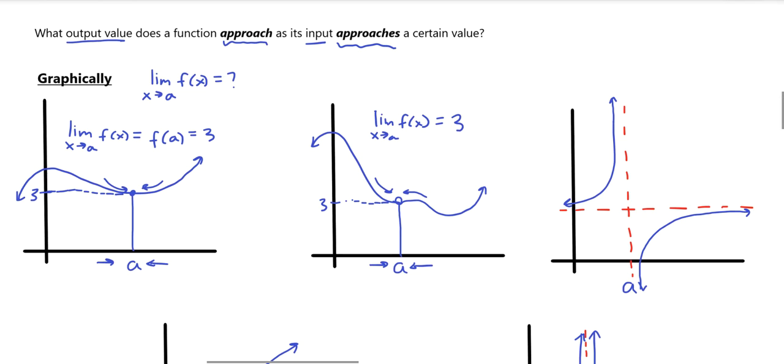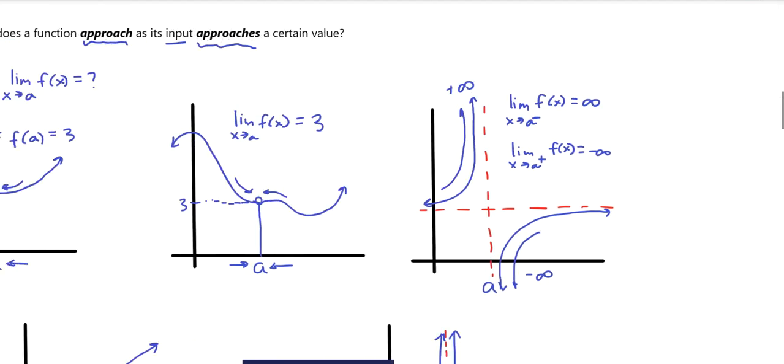Okay, so let's go to case number 3. In this case, the limit as x approaches a is different on both sides. If you approach a from the left side, your function is going to go up towards positive infinity. But as you approach a from the right side, your function is dipping down towards negative infinity. So in formal mathematical terms, the limit as x approaches a from the left of f of x equals infinity, and the limit as x approaches a from the right of f of x is negative infinity.